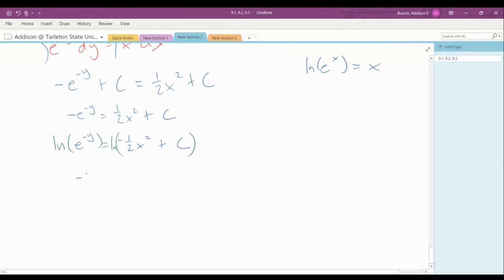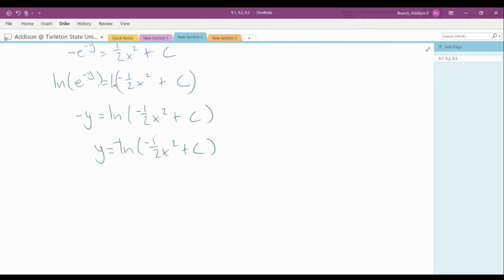We get negative y is equal to the natural log of negative 1/2 x squared plus c. And then multiply both sides by negative 1 to get y equals negative natural log of negative 1/2 x squared plus c.